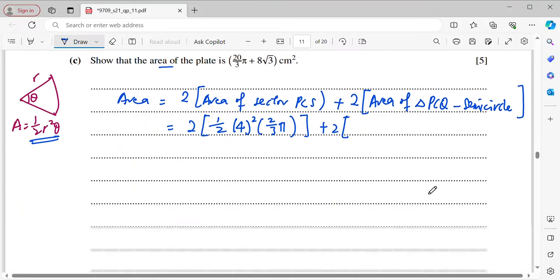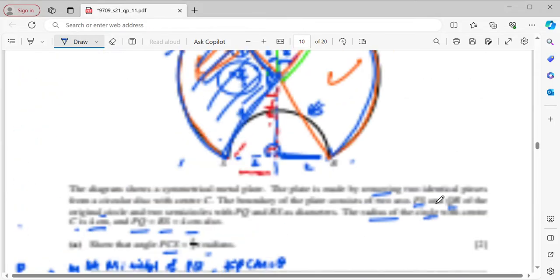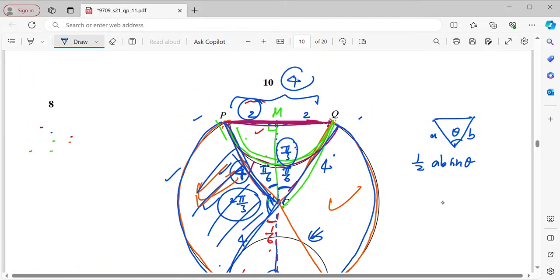So here is going to be half 4, 4 sine pi over 3 minus the area of the semicircle, which is basically pi r squared. Alright, so for the circle, okay, remember this is a semicircle.